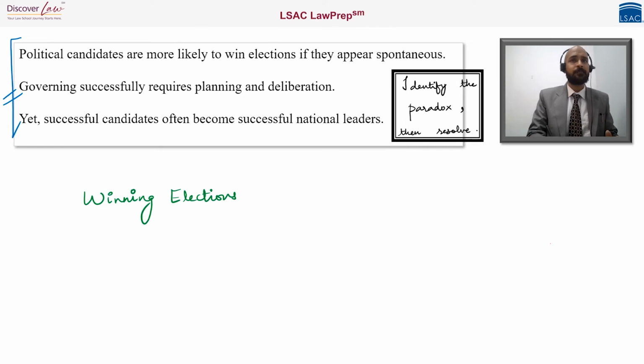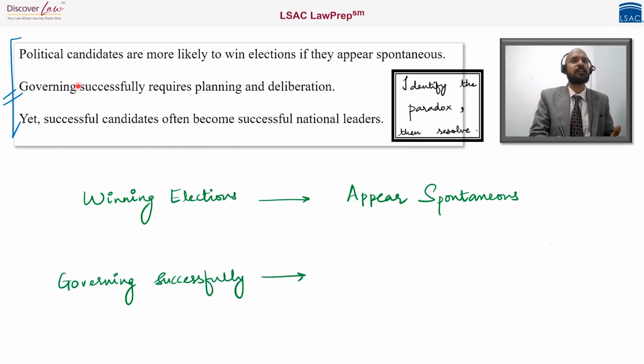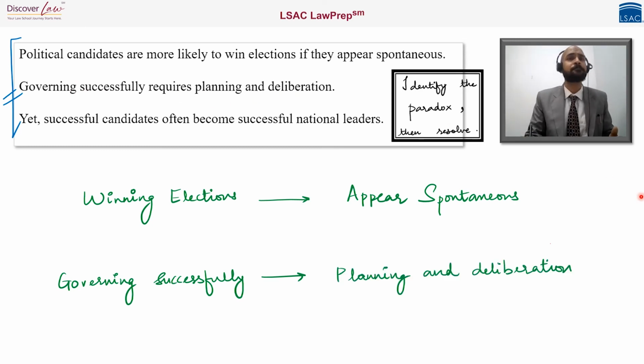It says here that political candidates are more likely to win elections if they appear spontaneous, which means that you win elections if you appear spontaneous. And then it says that governing successfully requires planning and deliberation. Yet successful candidates often become successful national leaders.